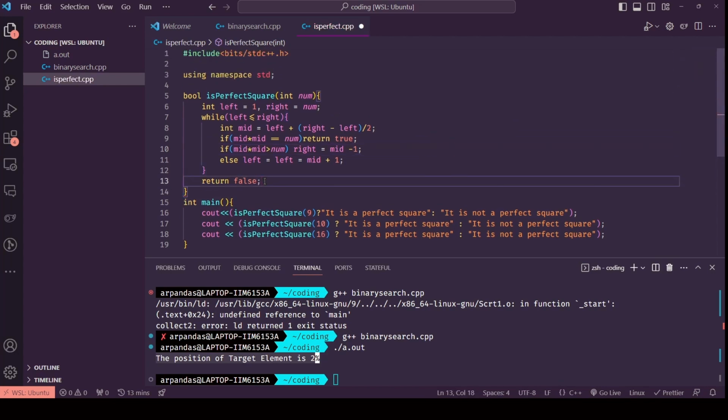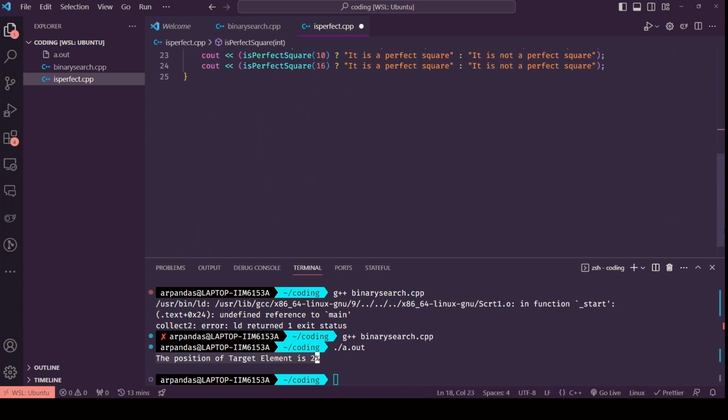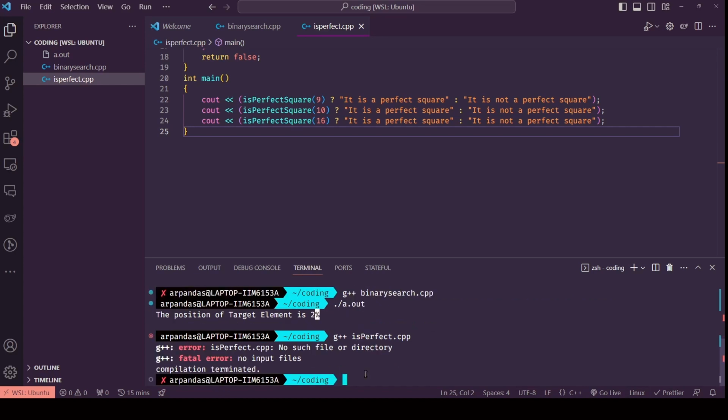Where is the error? The error is resolved. Just save it and run this code. g++ perfect.cpp.